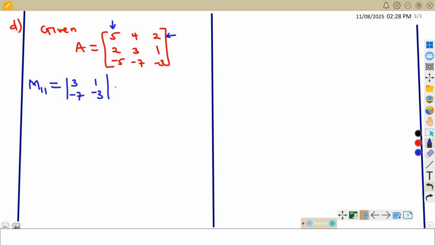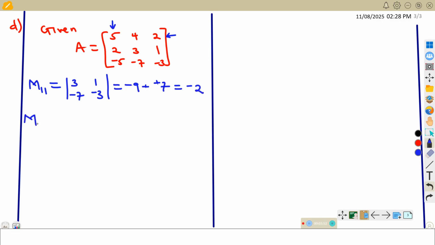So you get the determinant of this, which is the determinant of a 2 by 2 matrix. 3 times -3 will give us -9, minus -7 times 1 will give us -7. So this will give us a plus, and this will give us -2. So this is minor 1, 1.